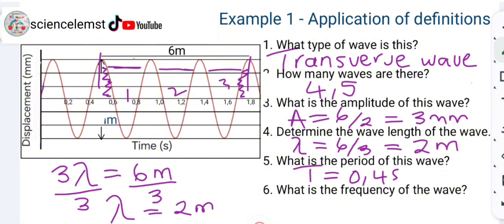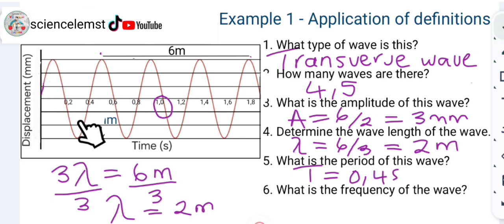Number 6, what is the frequency of the wave? Again, what is frequency by definition? Frequency is the number of waves to pass a fixed point in 1 second. So we're going to go to our graph and we're going to locate where 1 second is. There it is. So this is 1 second. So how many waves are passing at that point in 1 second? Let's count.